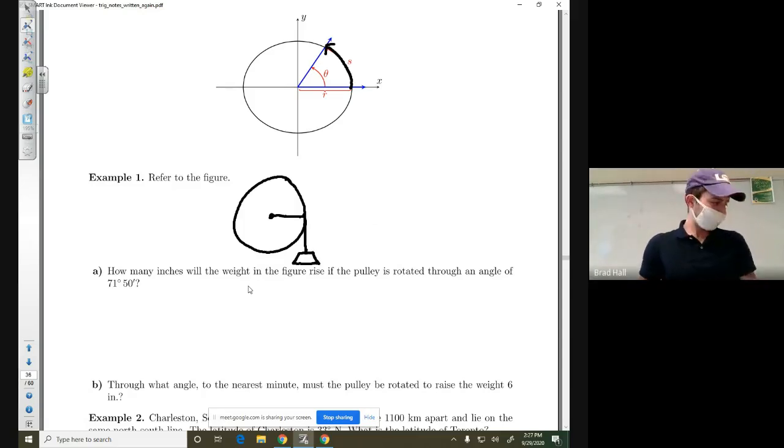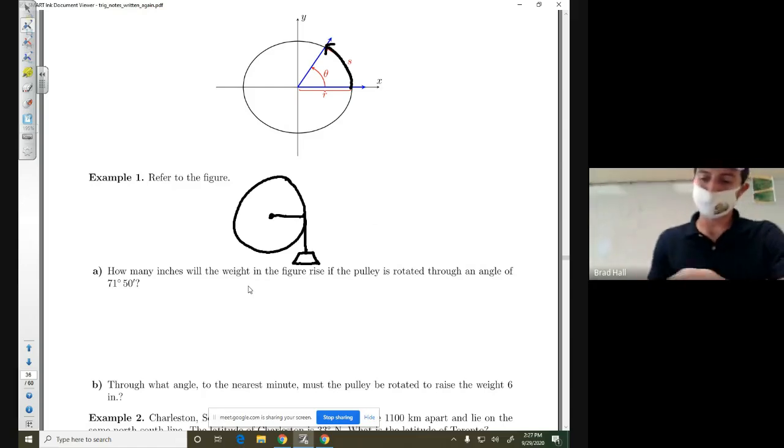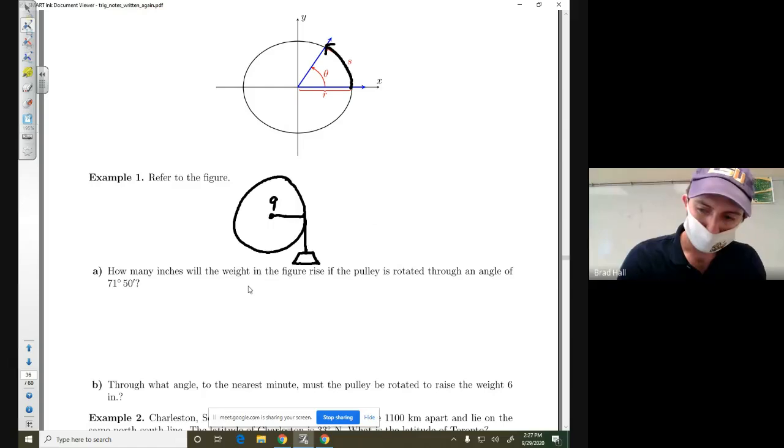There's one value I have to provide, which I have here. 9.27 for the radius. 9.27 inches.